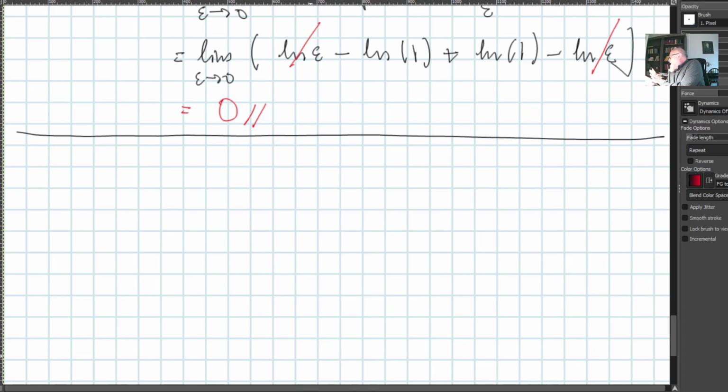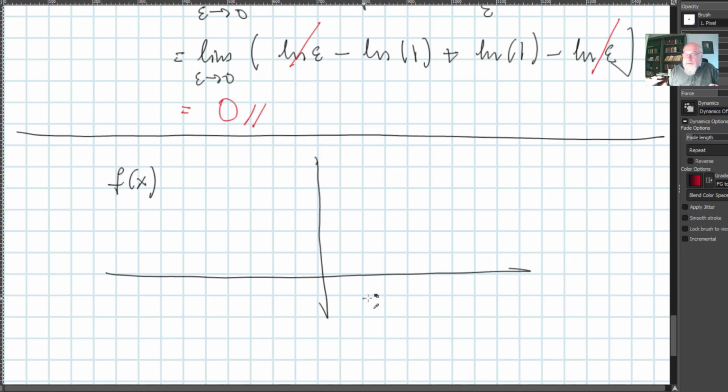So for example, we are dealing here with the function f of x, any analytic function, and this is a real function. Here we have a singularity, so my function has a singularity here. Call this z0, a singularity, a simple pole.